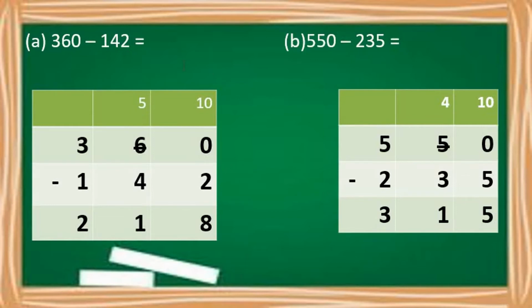So now let's do it step by step. We are going to learn subtraction. First of all, 0 minus 2. Is this possible, students? No, we cannot take 2 from 0.